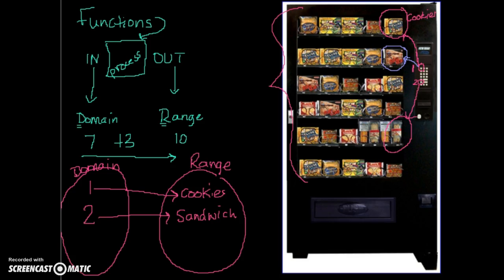It's only linked to one slot, or one snack. On our map, in math, it would be like me pressing number 1 and getting out both the cookies and, let's say, the sandwich at the same time. It wouldn't happen. If it does happen, that's your first indication that you don't have a true function. That does not happen in a real function.